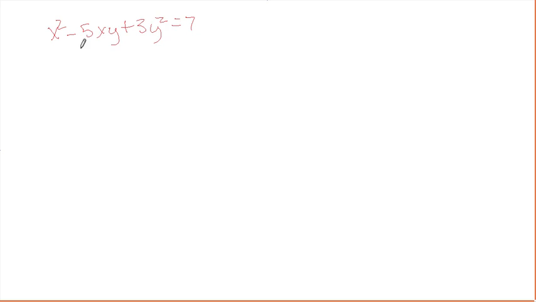And what I would like for you to notice is this term here, we're going to be using the product rule. And let me remind you what the product rule is. If we have a function that is f times g, if we take the derivative of it, then we get f prime times g plus g prime times f.